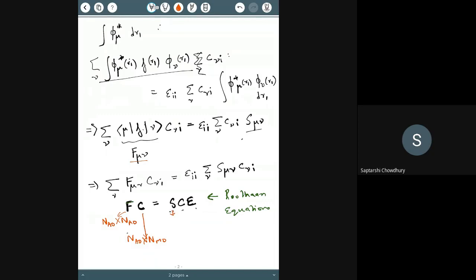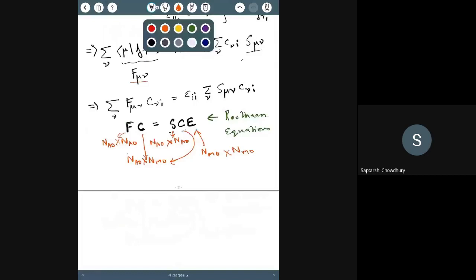S is N_AO by N_AO. C is again the same, and epsilon is N_MO by N_MO. So dimensionally, everything matches in this matrix equation. So that looks like a nice and clean equation, but how will we solve it? This is not an eigenvalue equation. Right?